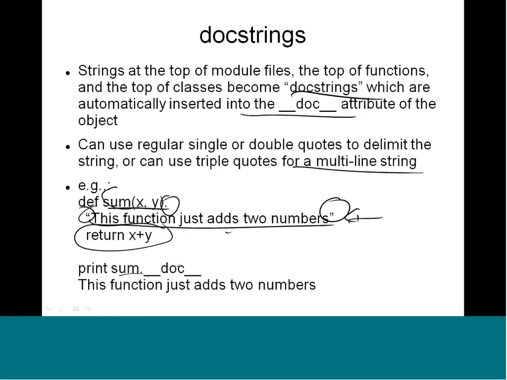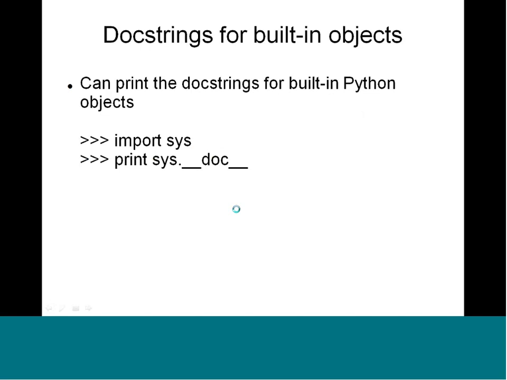So when we say print sum dot underscore doc underscore, it prints just the doc string, which is essentially its attribute. So this is the way that we can specify the doc string. Now there are also doc strings available for built-in objects.